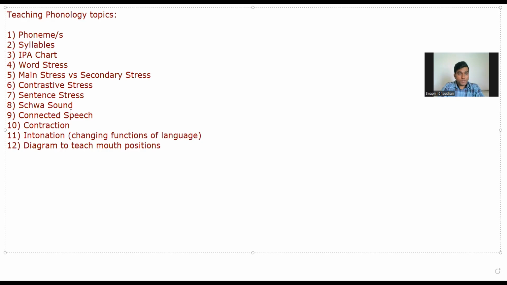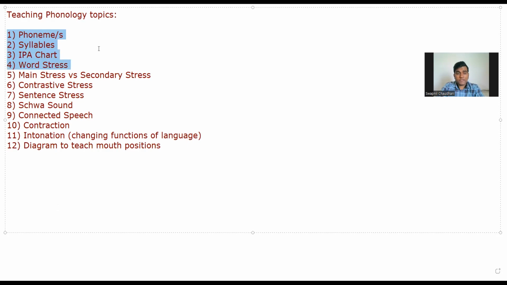So, yes, people, these are the things that we need to teach, or that we need to know, when we are going to work as a voice and accent coach, right? So the very first one is phonemes, right? Then we have syllables. Then there is something that we call the IPA chart.